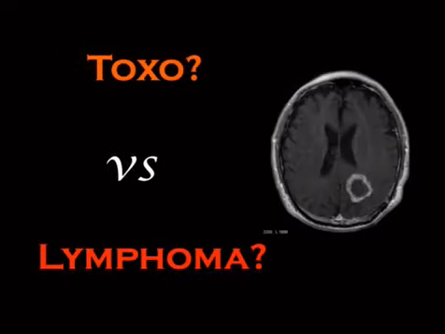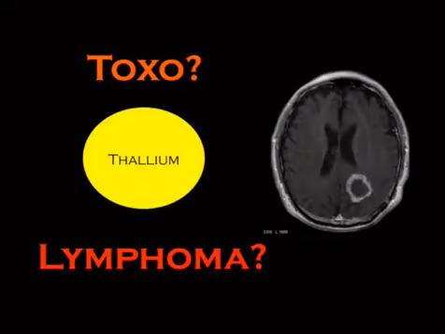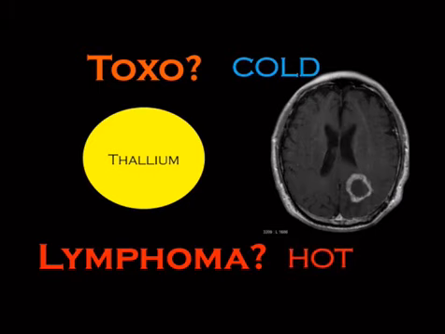Now the other way that this is typically used, thallium anyway, is our ring-enhancing brain lesion, toxo versus lymphoma, where toxo is going to be cold and lymphoma is going to be hot.